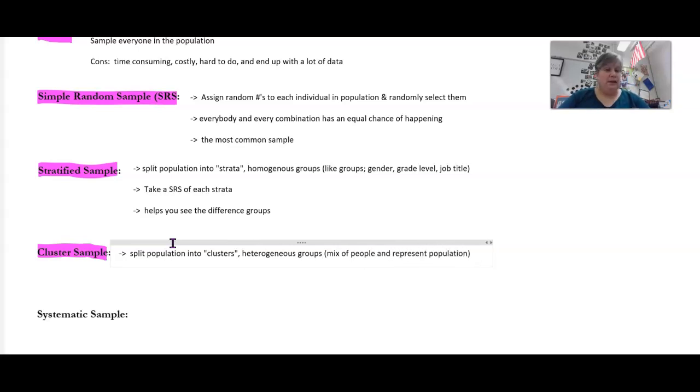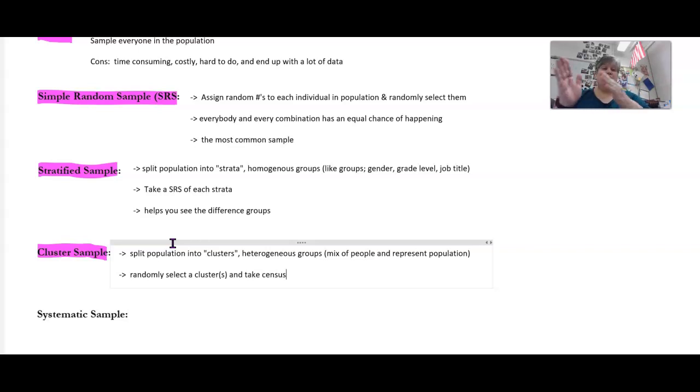So you think it's a good mix of everybody. Once you have your clusters, you randomly select a cluster, sometimes multiple clusters, and take a census. So you contact everybody in that group.